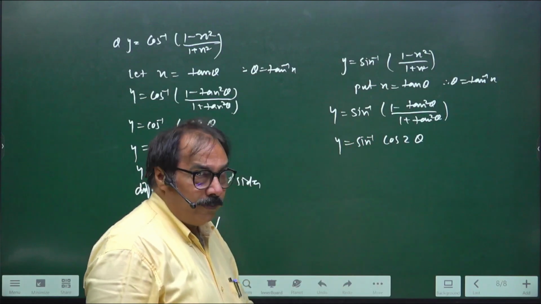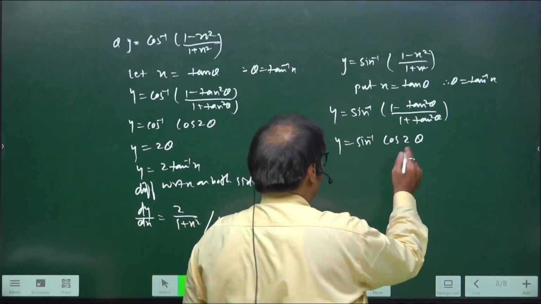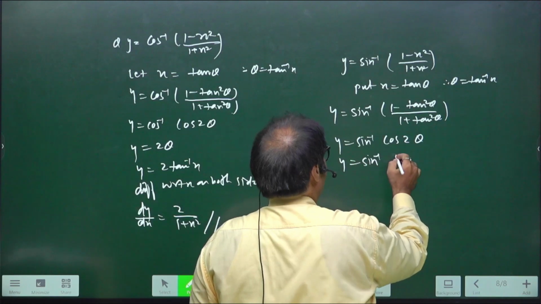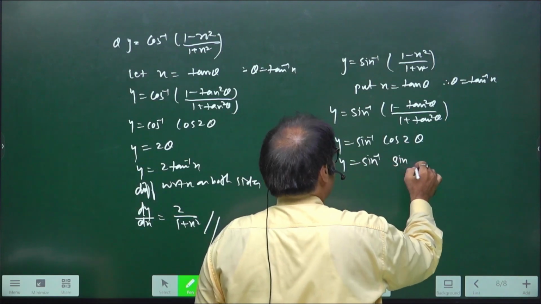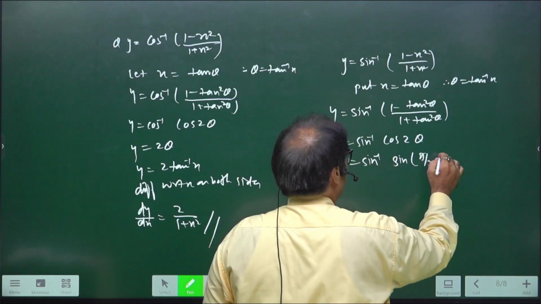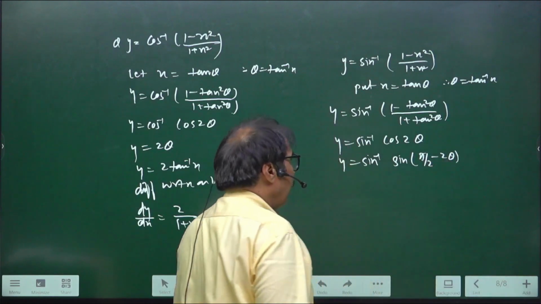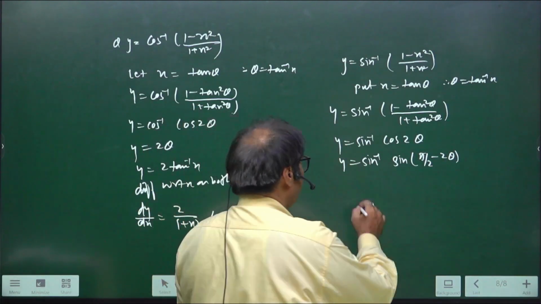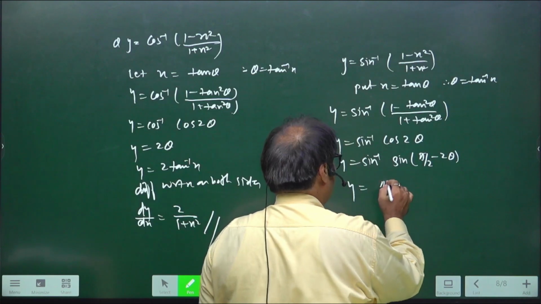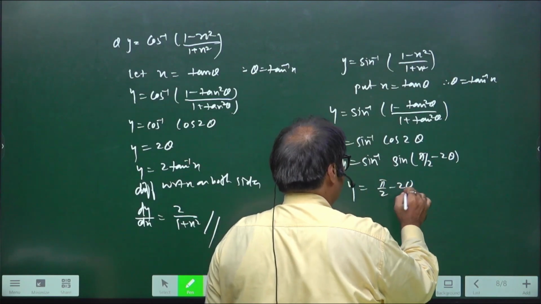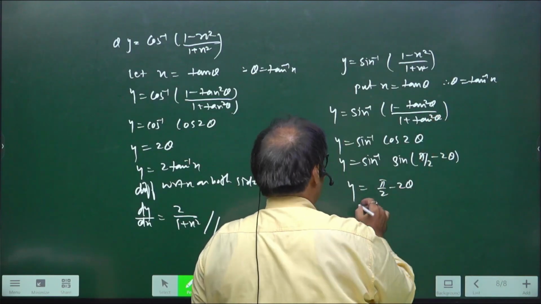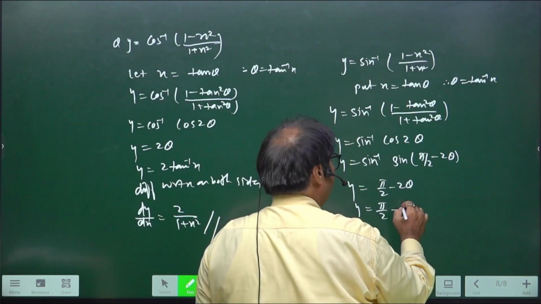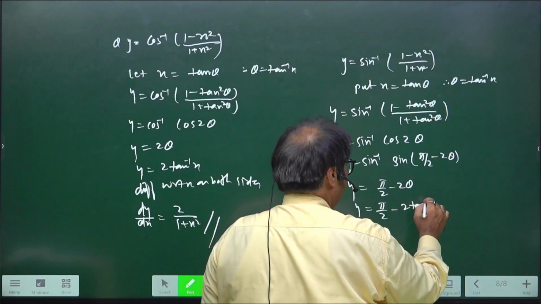So we will convert this cos 2 theta in terms of sine. So y is equal to sine inverse, and this can be written as sine of (pi by 2 minus 2 theta). And now apply sine inverse sine theta, that is equal to theta. So y is equal to pi by 2 minus 2 theta, and put the value of theta. So y is equal to pi by 2 minus 2 tan inverse x.